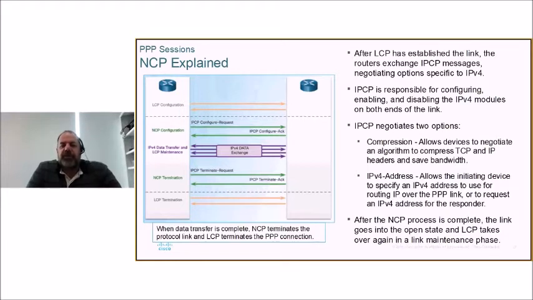Compression allows devices to negotiate an algorithm to compress TCP and IP headers and save bandwidth. And IPv4 addressing allows the initiating device to specify an IPv4 address to use for routing IP over the PPP link, or to request an IPv4 address for the responder. After the NCP process is complete, the link goes into an open state and LCP takes over again in the link maintenance phase.